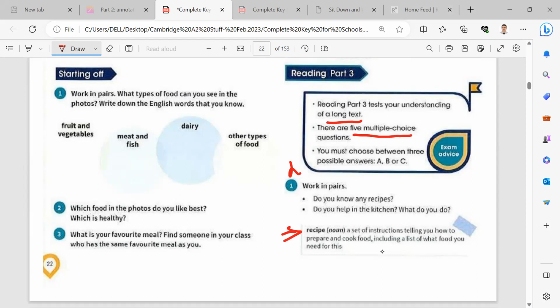So a set of instructions telling, for example, I need to cook kapsa, and you should help me if you can cook kapsa. You should give me the recipe: what I should do number one, then, and so on.